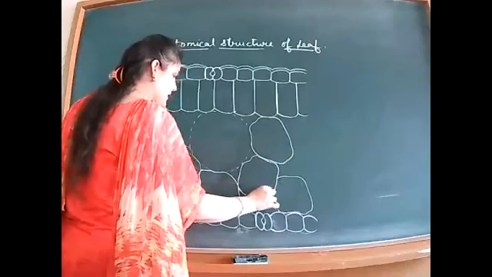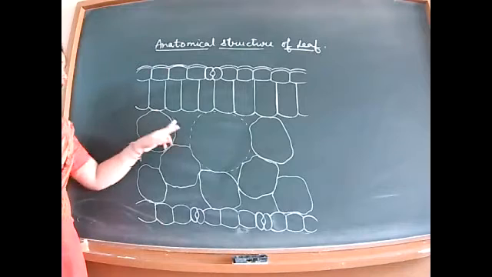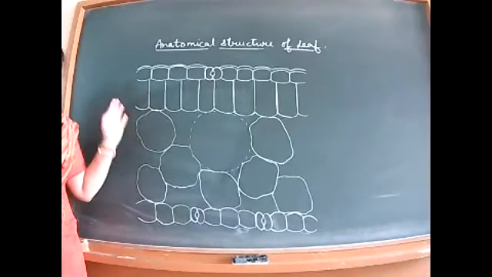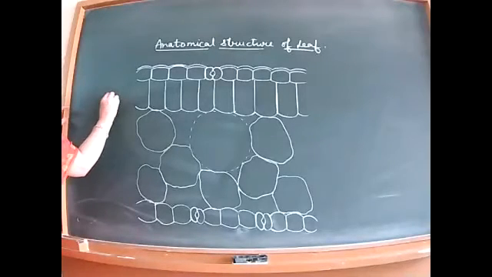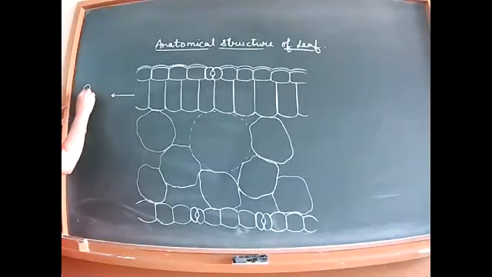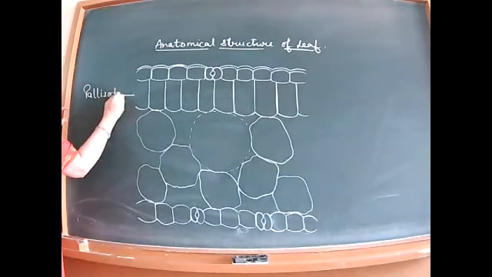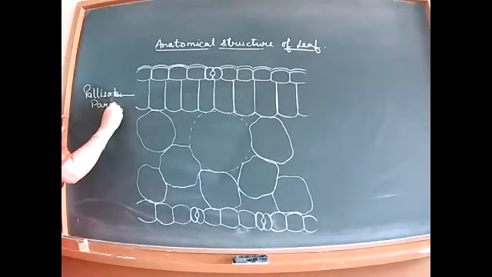These are irregularly shaped and placed with big intercellular spaces in between, right? And this makes the spongy parenchyma layer. So this was the palisade parenchyma, palisade parenchyma.